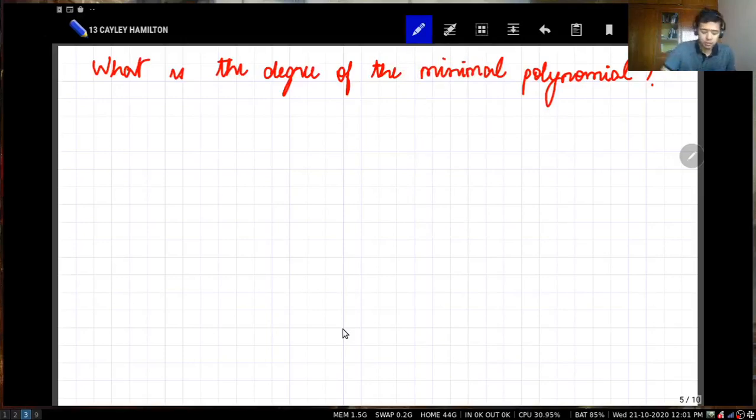Now recall that if you have a matrix A which is n by n, I claim the following.